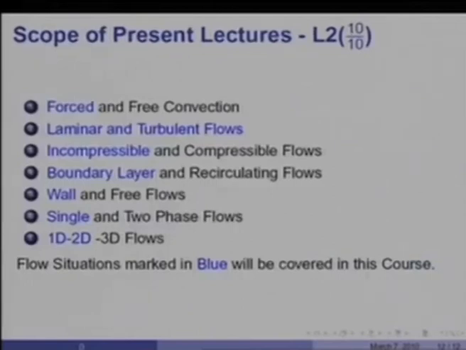Scope of the present lectures then. So, all the things marked in blue are the ones that I shall be concentrating on, while making very brief references to those which are marked in black. The first classification is between forced and free convection. So, I will be largely dealing with forced convection. There are laminar and turbulent flows, including transitional flows.